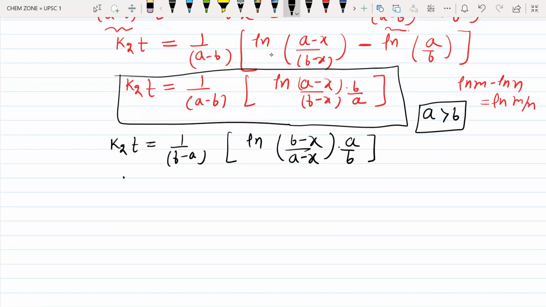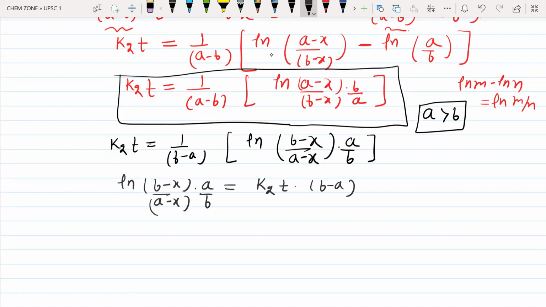Now let's plot a graph. This can be written as K2 t into (b minus a).